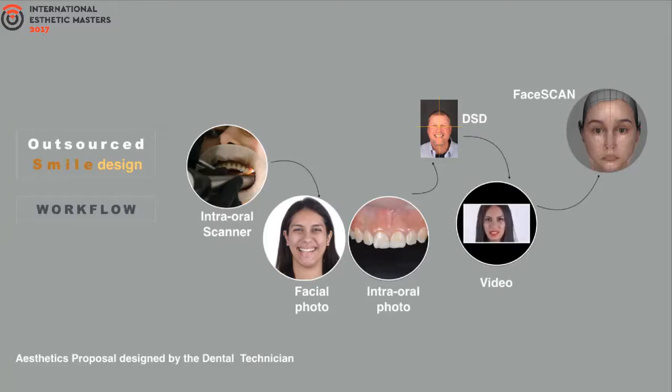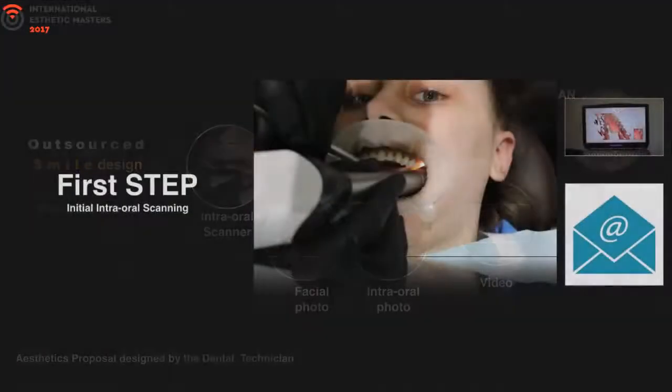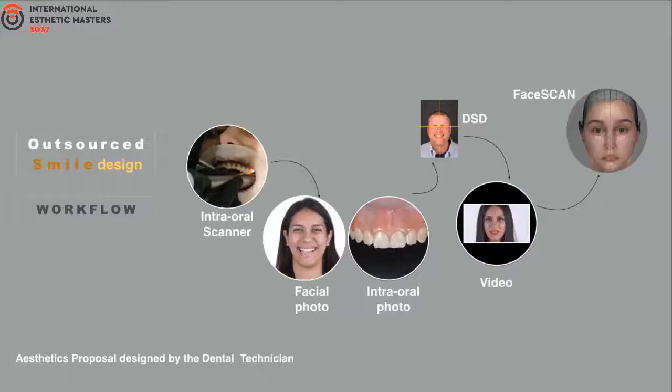Since photos are static, a video will also help us see different and important details in the patient's smile, such as whether or not she hides her teeth, and how her lip moves, etc.